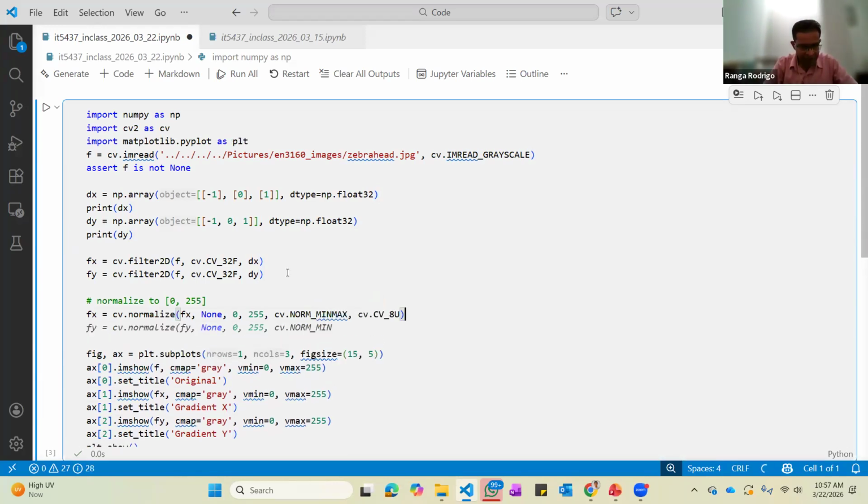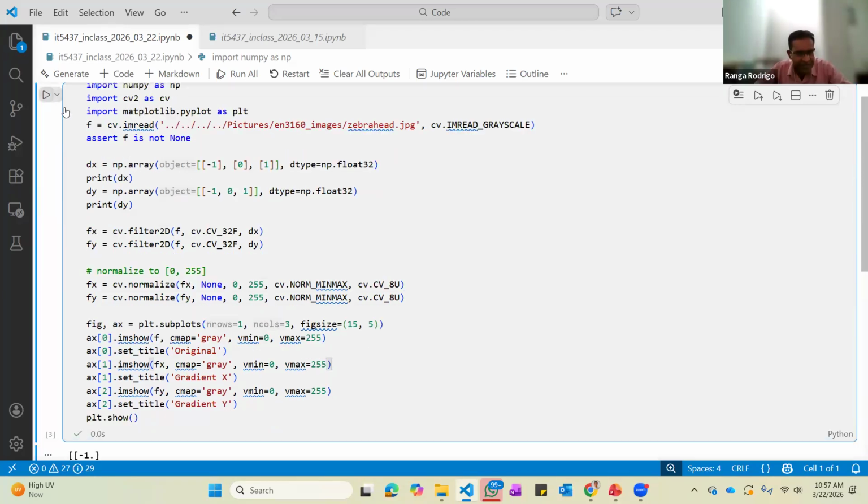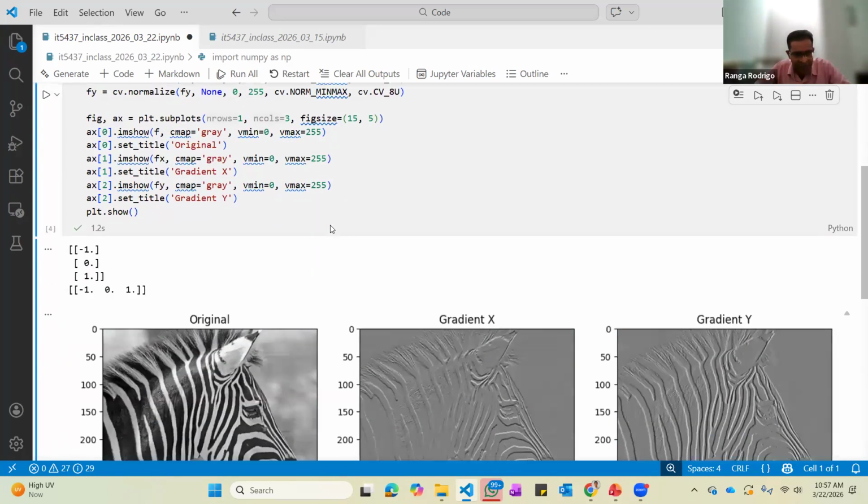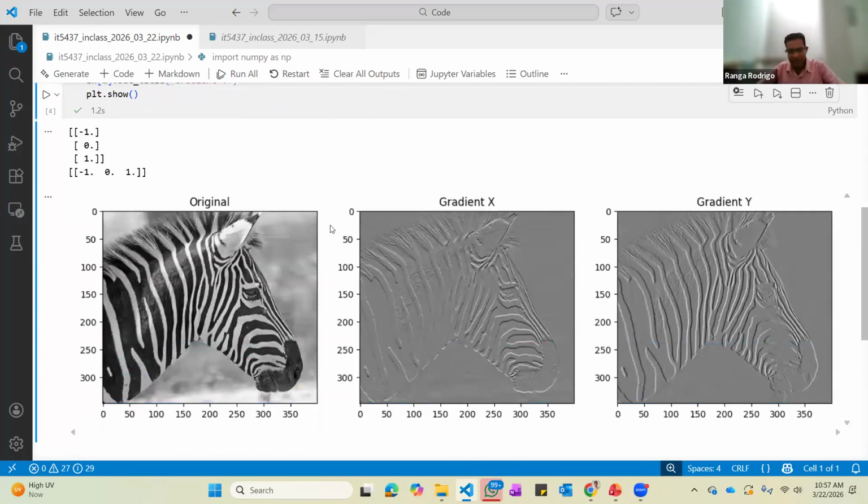Now it has been normalized. Then you should be able to see this giraffe image, beautiful giraffe image. You can see x direction means vertically downward, and y direction is horizontally rightward. You can see the vertical edge is directed here, horizontal edge is directed there. I think it's beautifully done, right?